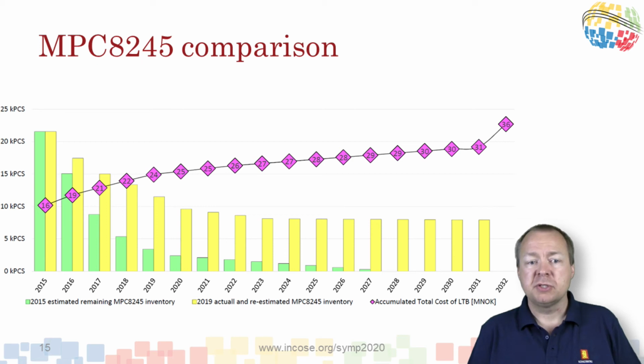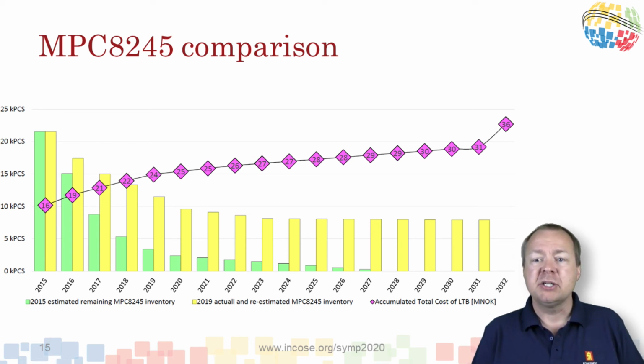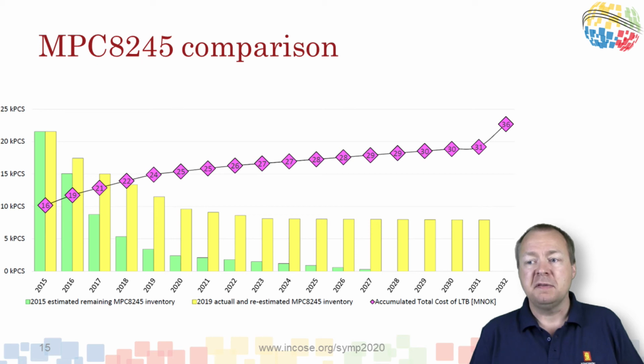The graph shows the estimated total cost of last time buy caused by a deviation between planned and actual consumption. Just after the 2015 last time buy, a disruptive event happened in oil and gas markets. A consumption rate lower than planned results in an unplanned overserve buffer of about 8,000 pieces, valued at 6 million Norwegian crowns.